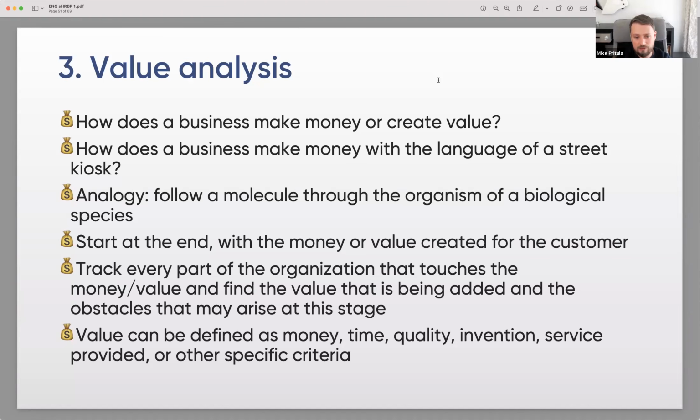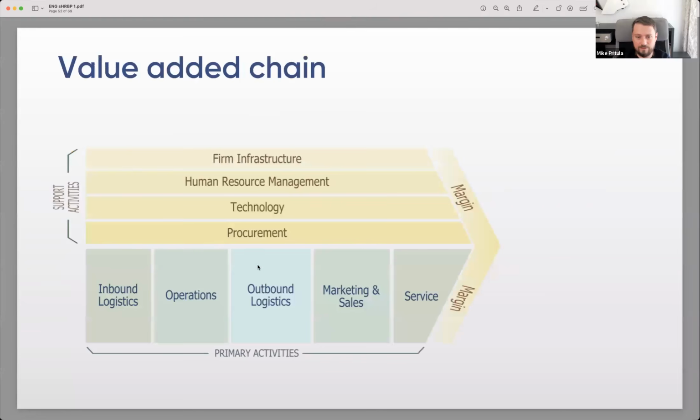Analogy: follow a molecule through the organism of a biological species. Start at the end with the money or value created for the customer, track every part of the organization that touches the money value, and find the value that is being added and the obstacles that may arise at this stage. Value can be defined as money, time, quality, invention, service provided, or other specific criteria.